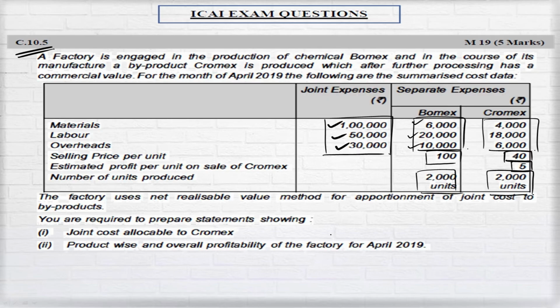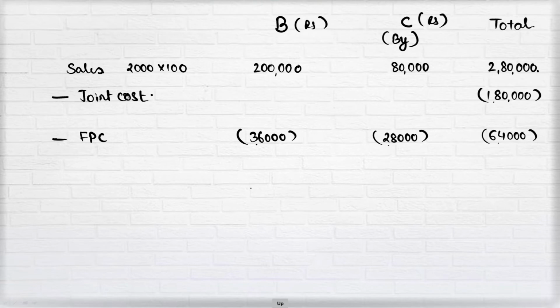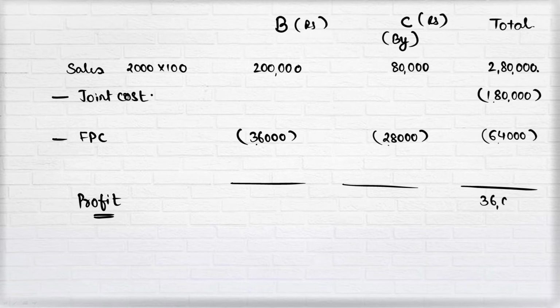Further processing cost is taken into consideration. All costs taken into consideration, I will be getting the answer of profit. I can easily get the answer of total profit, which will be 36,000. Total profit is 36,000. All right.